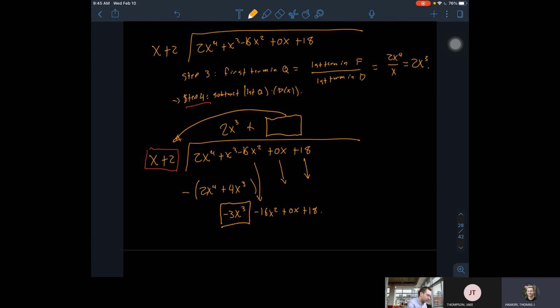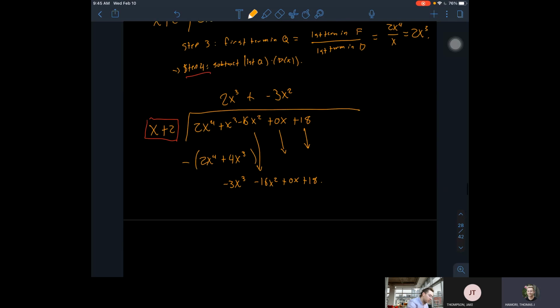That's what I want. So I want to add the number negative 3x squared, because then what's going to happen is I'm going to subtract negative 3x cubed minus 6x squared.